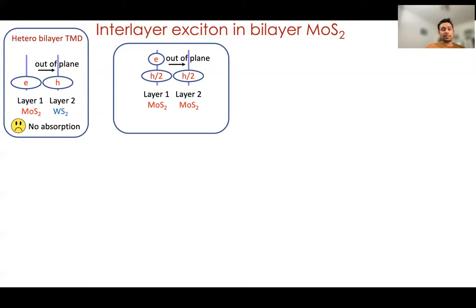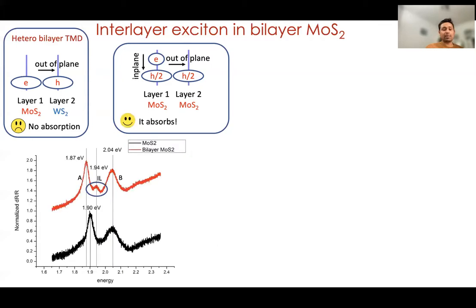Because of this weird charge distribution, it has both an out-of-plane dipole moment and an in-plane dipole moment. Because of this, it has a reasonable oscillator strength. And at the same time, the out-of-plane dipole moment can be used to tune the energy of this exciton.